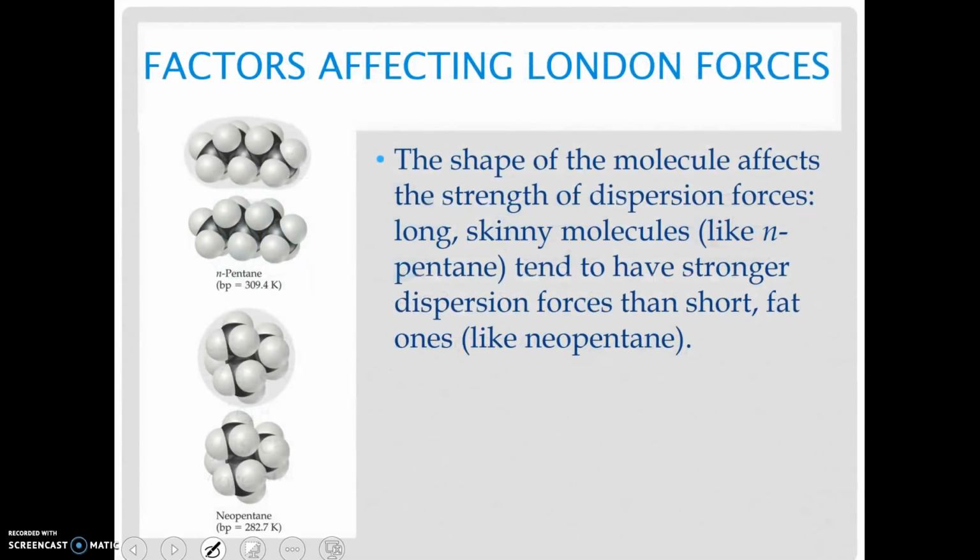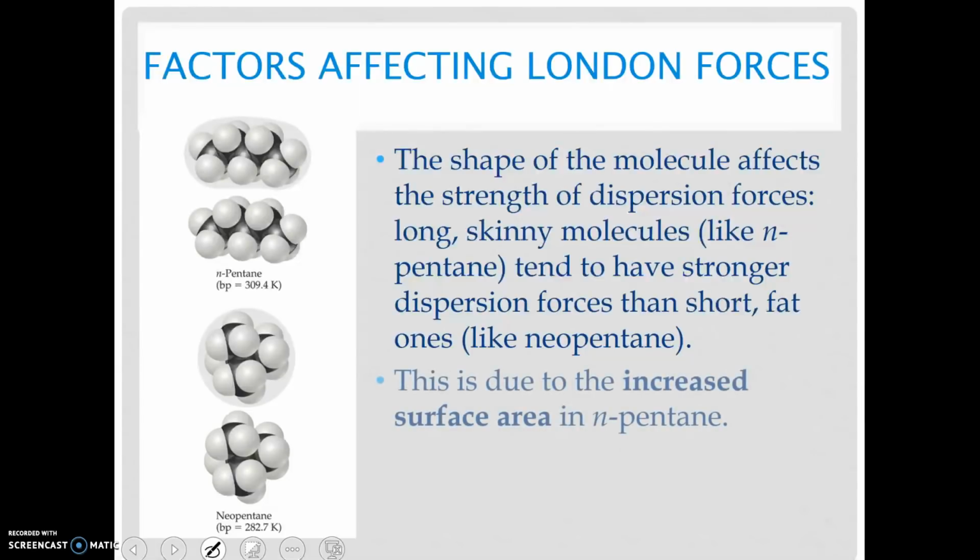Now the shape of the molecule also affects the strength of the dispersion forces. A long skinny molecule is going to have stronger dispersion forces because there's more surface area. That's the important thing: you want more surface area because that means the electrons are all on the outside, so they can be distorted easier.